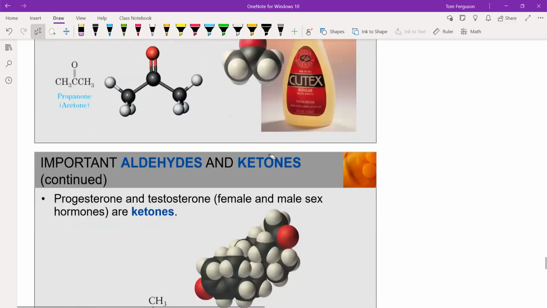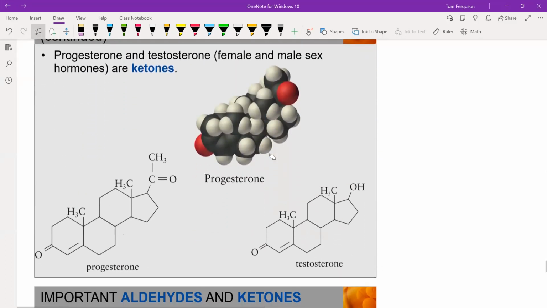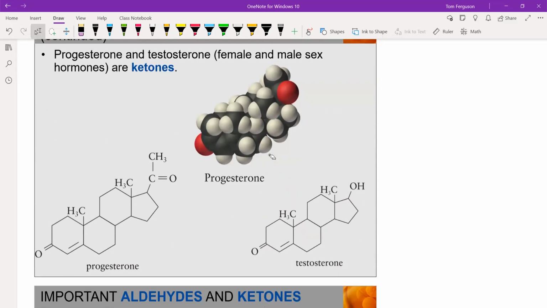Acetone we already talked about. And again, these guys, we have alcohols, we have ketones. Another ketone, another ketone.